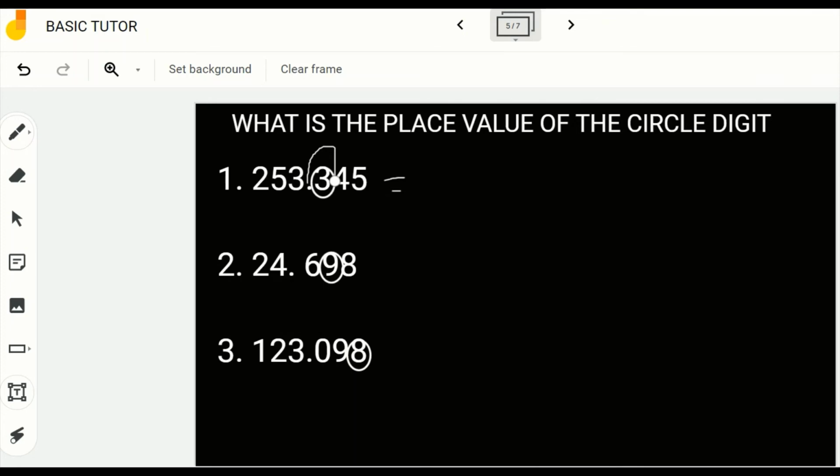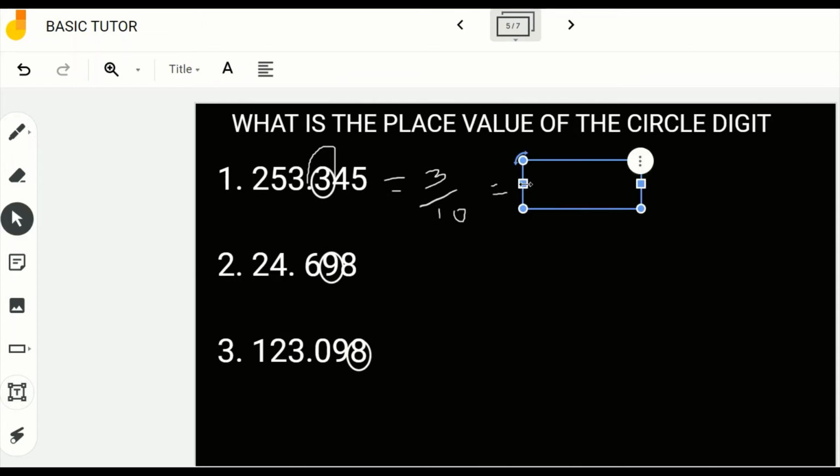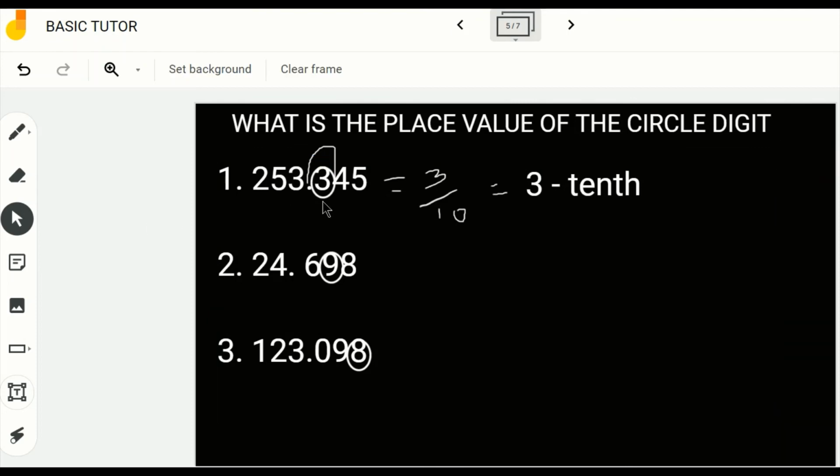So 1 place means a tenth. So that represents 3 over 10. So therefore, I can write this in words. That gives me 3/10. So the place value of 3 in this decimal system is 3/10.